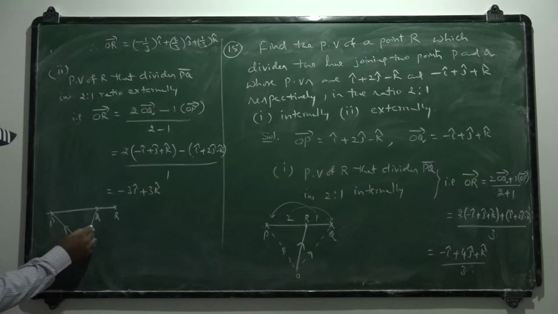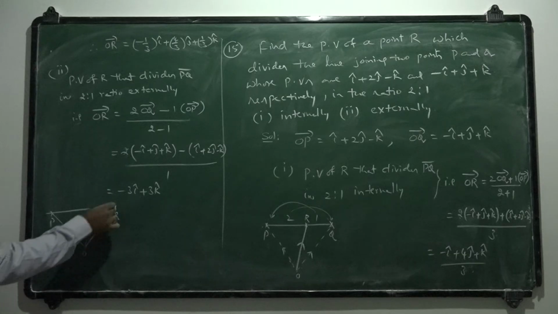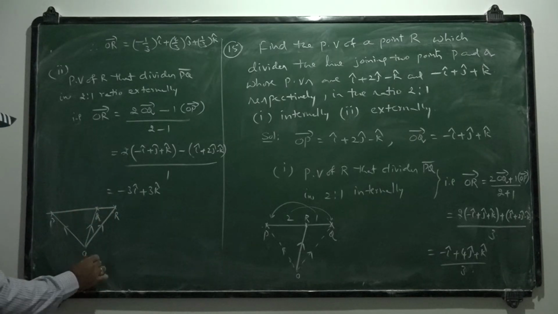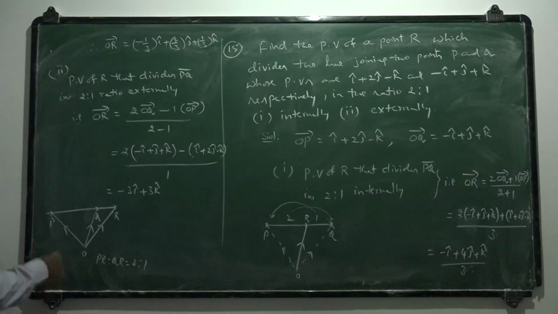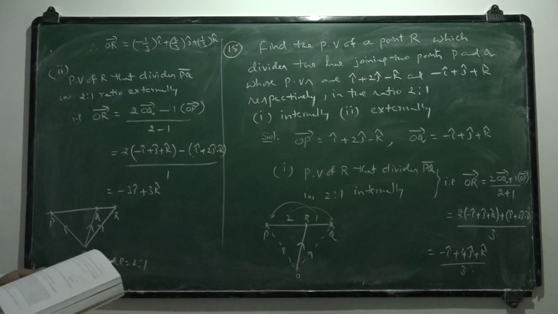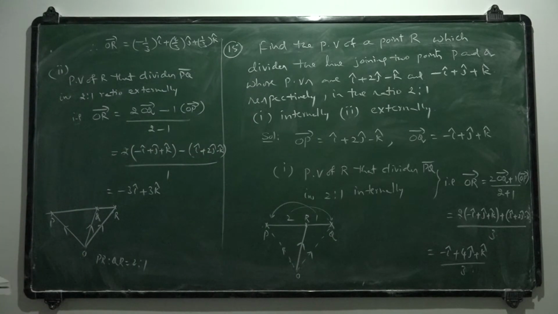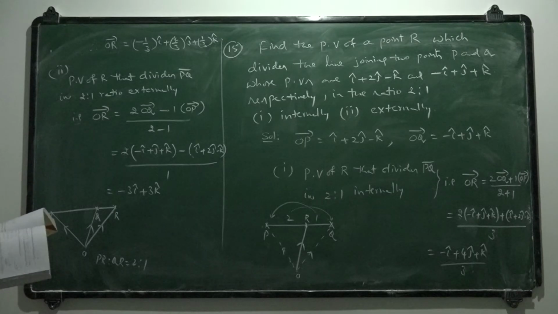This is OP bar, this is OQ bar, and this is the required position vector. Here PR to QR is 2:1. This is the external division case, and this is the internal division case. These are the position vectors of the internal and external division points of the line segment. The given ratio here is 2:1.